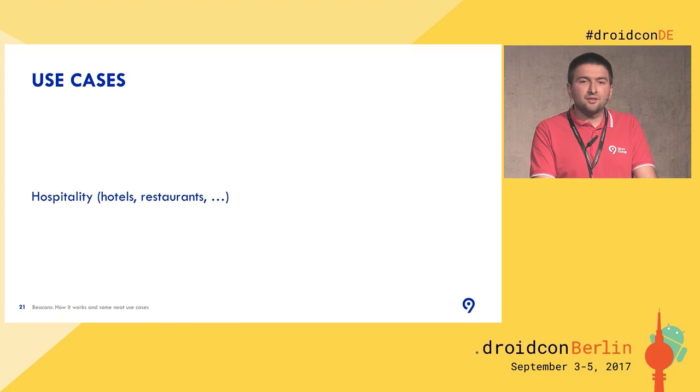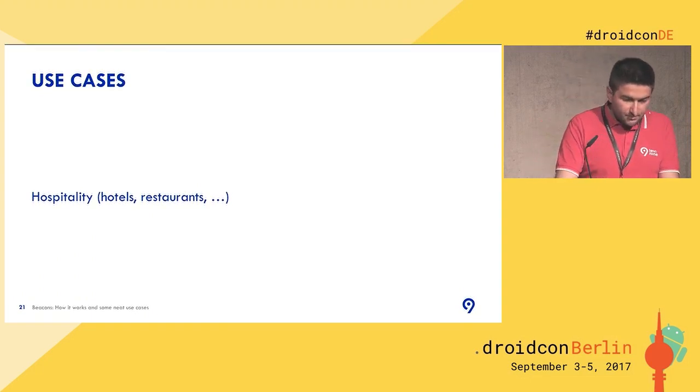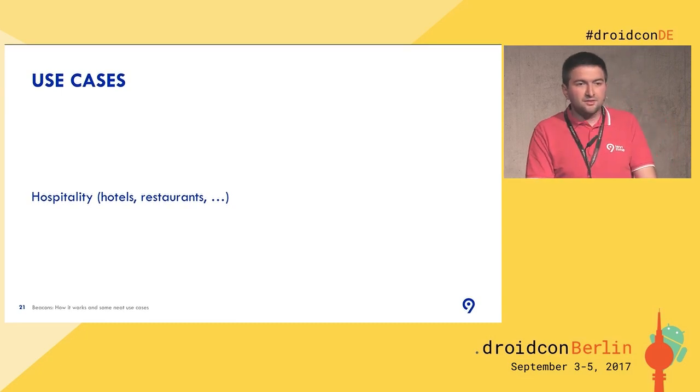The next industry I will talk about is hospitality. This one is interesting mainly for hotels and restaurants. For hotels, for example, you can do automated check-ins.